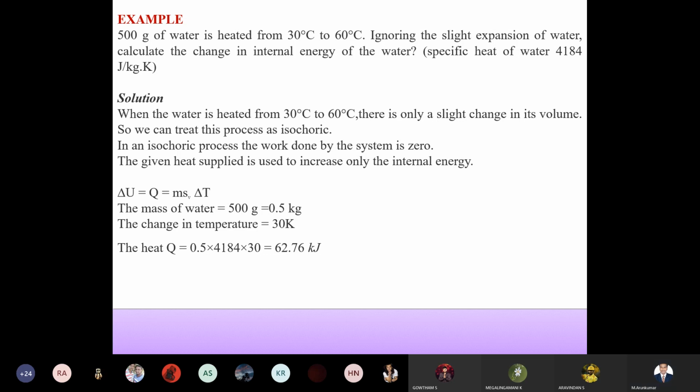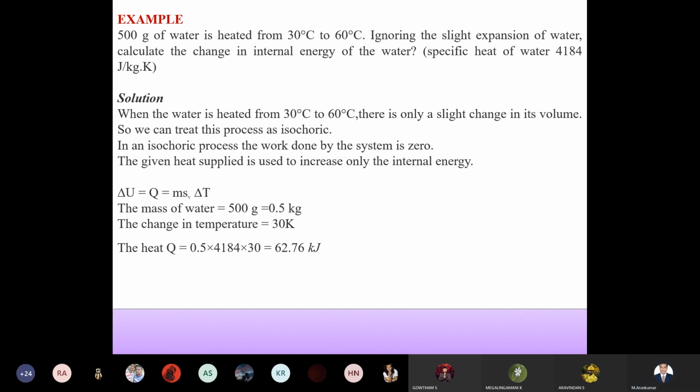So this process is an isochoric process. When water is heated from 30 degrees Celsius to 60 degrees Celsius, there is only a slight change in its volume, so we can treat this process as isochoric. The volume is constant here.